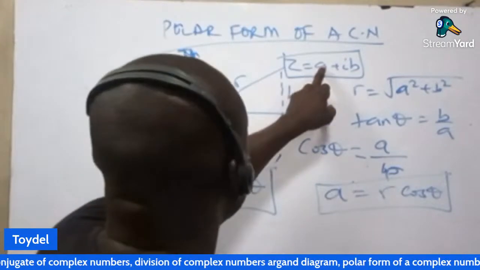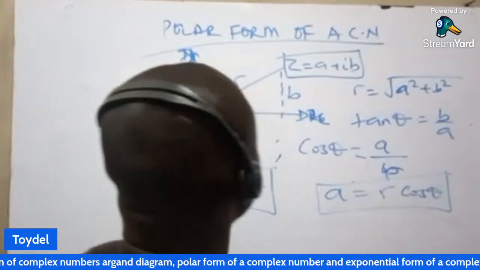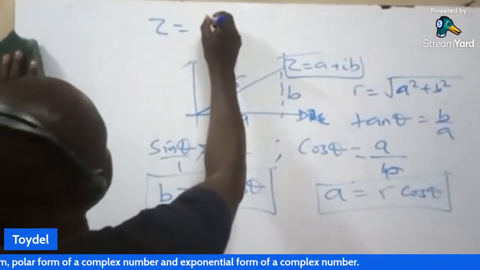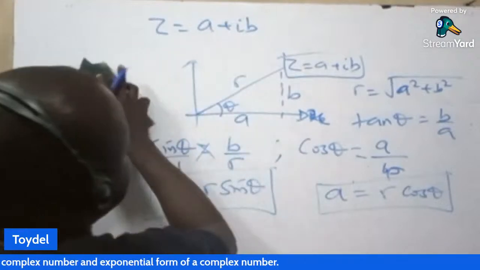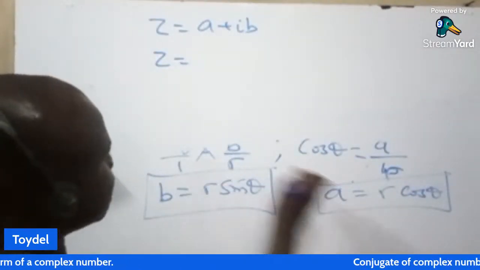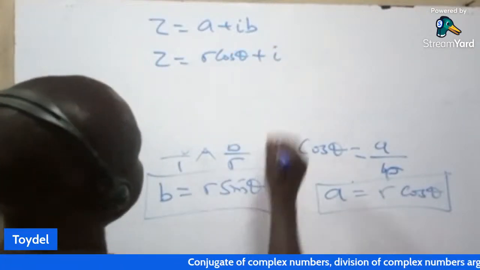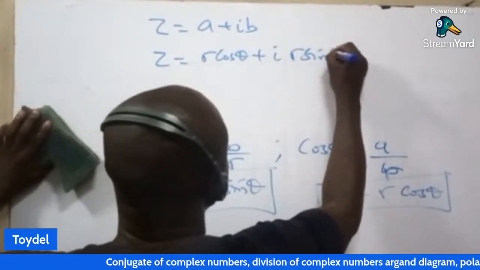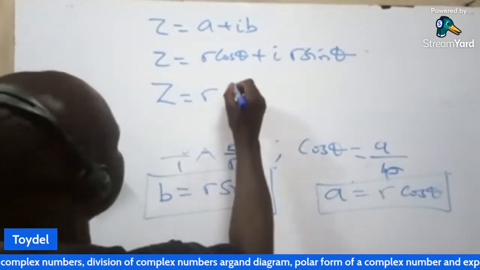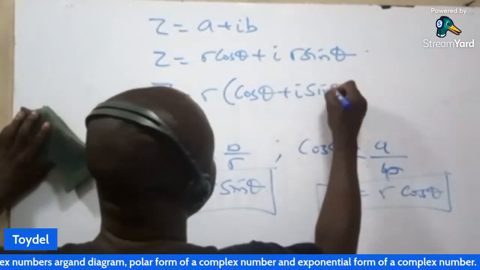Let me substitute for a and b using r cos theta and r sine theta. z is given as a plus ib. So if I substitute, a is r cos theta plus i times b, which is r sine theta. Then r is common, so I can bring out r. What do I have left? Cos theta plus i sine theta.